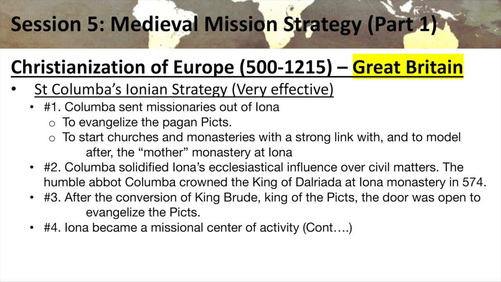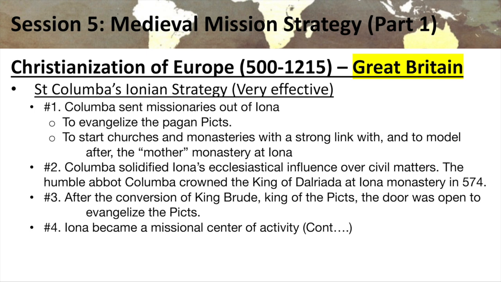So now you see this Christian leader, a monk in charge of this monastery, crowning a king. It gives a stamp of approval of Christianity on this king, and it legitimized the Christian message, because this humble abbot goes and crowns a king.